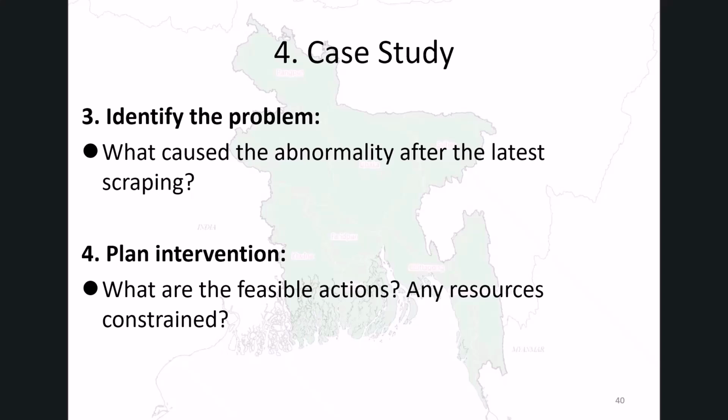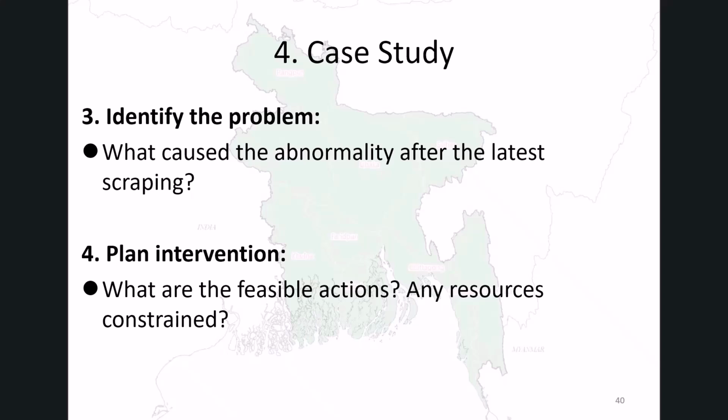After identifying the problem and necessary data, the next step is to identify what caused the abnormal condition after the last scraping. Possible causes include excessive scraping that reduced sand thickness, deterioration of sand media, or biological layer not yet re-established due to high flow rate.